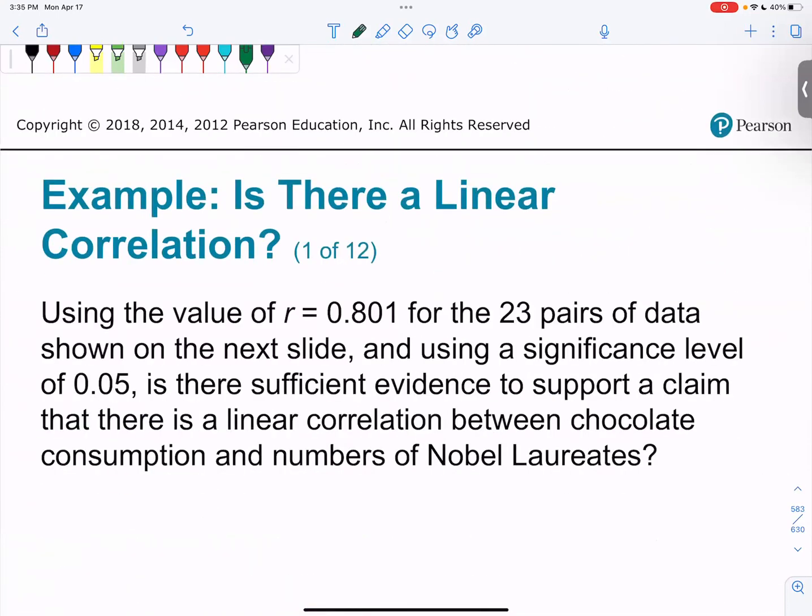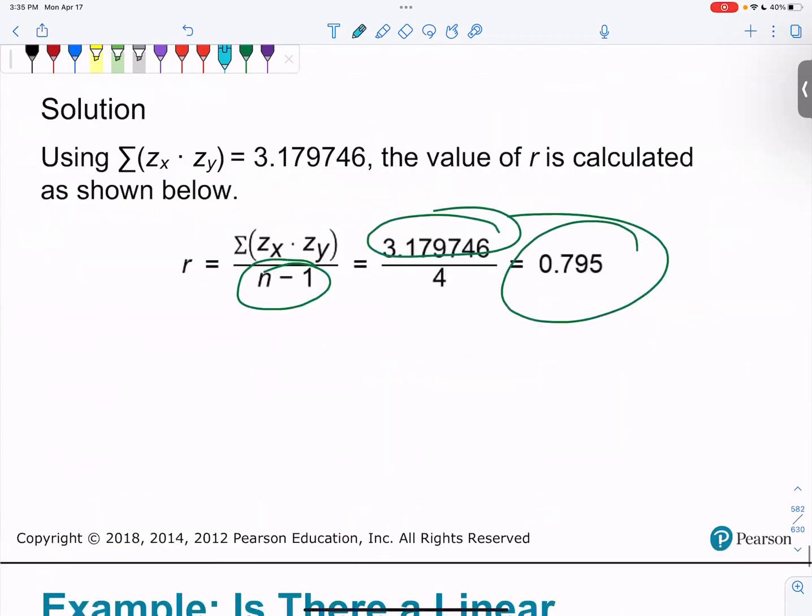So for the first example, we did n only equal to 5. When we have n equal to 5, we got r equal to 0.795. And comparing this value to the critical value, we conclude that no linear correlation.